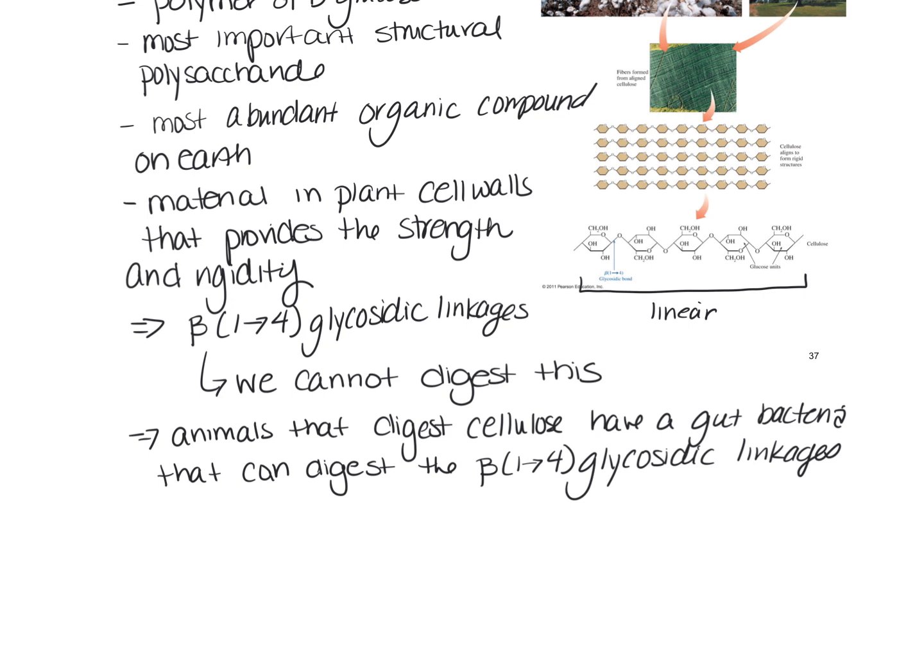Right? So herbivores like cows, sheep, and horses are in this category.